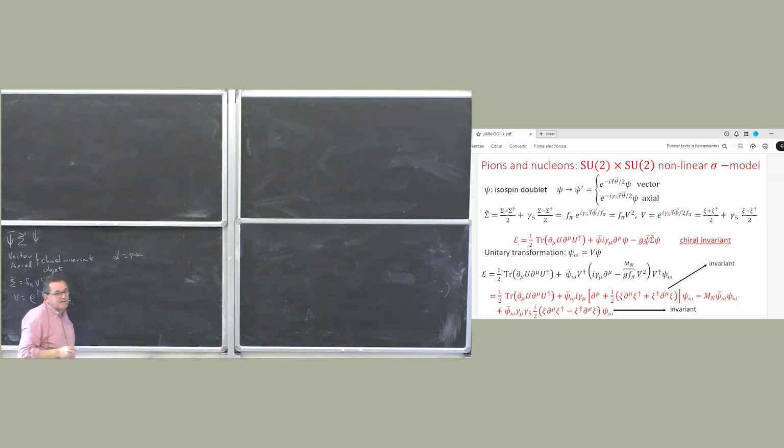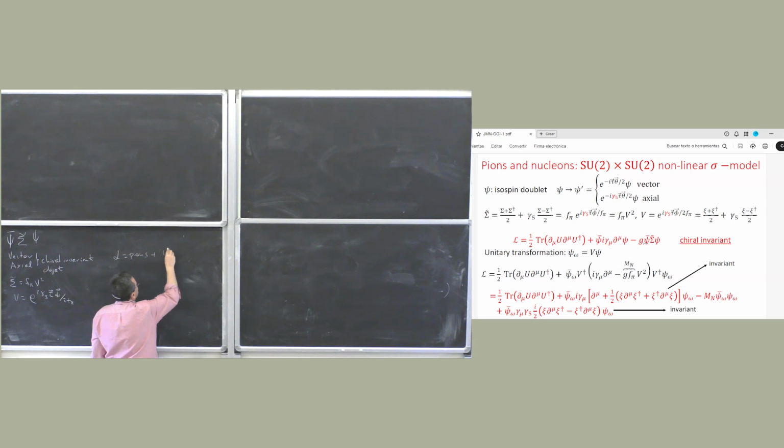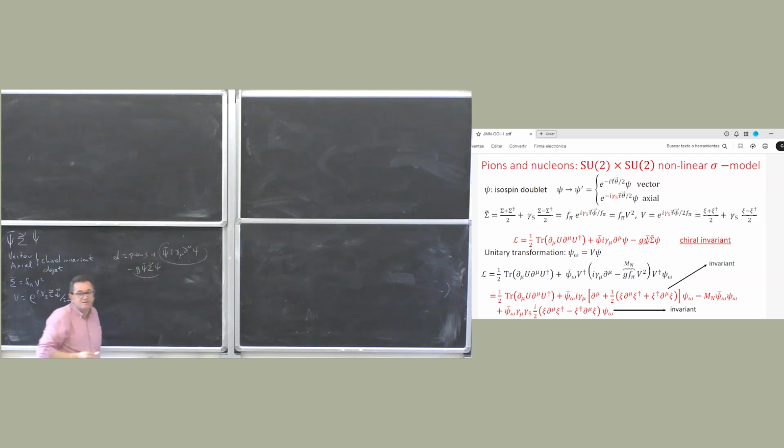I have this trace d mu u dagger, but I can include nucleons, and I can include the kinetic term and minus g psi bar psi tilde psi. Okay, this is chiral invariant, and then you may wonder what happens with this term. But we have discussed several times that the kinetic term is chiral invariant, right?